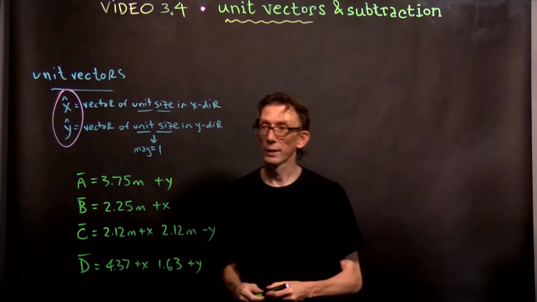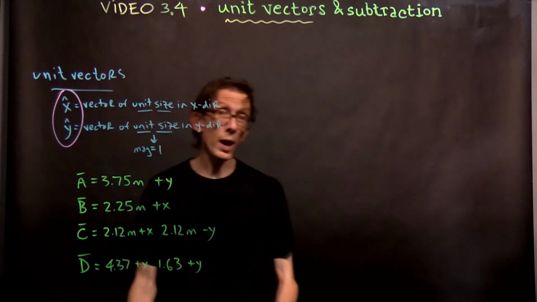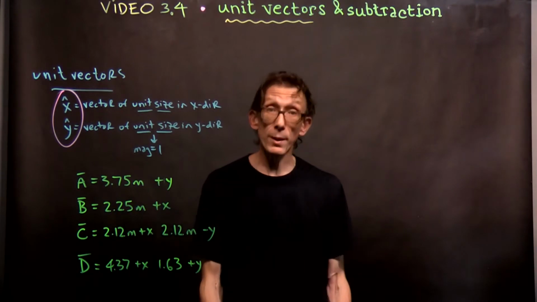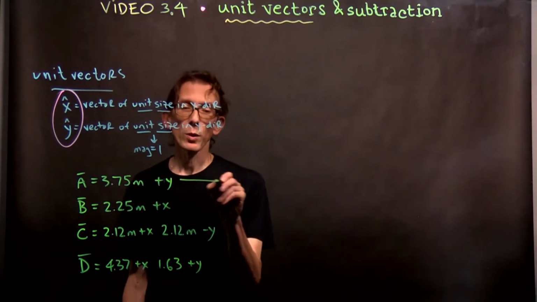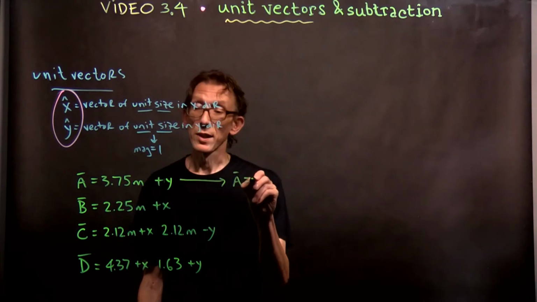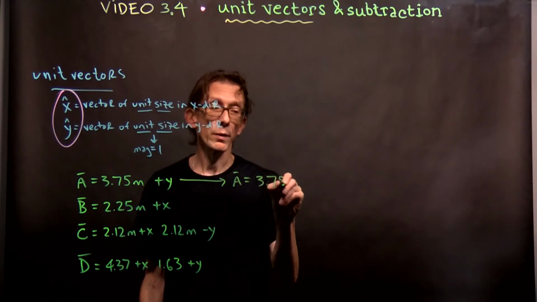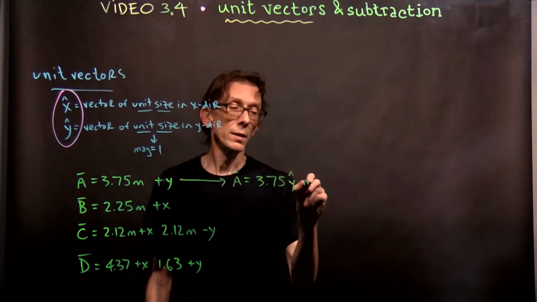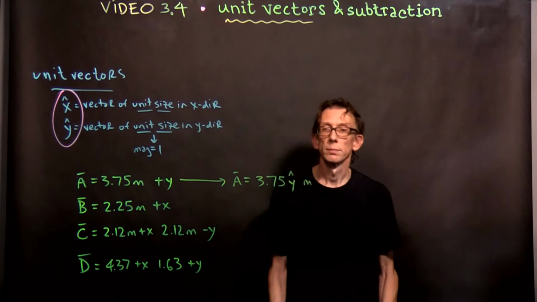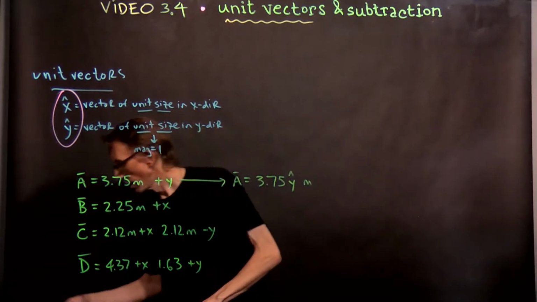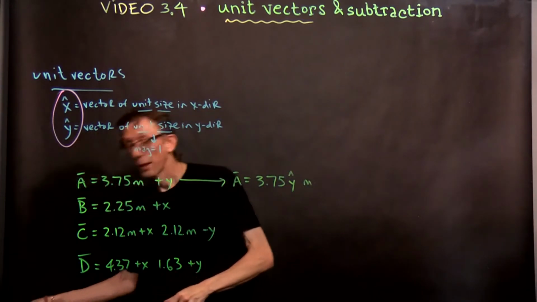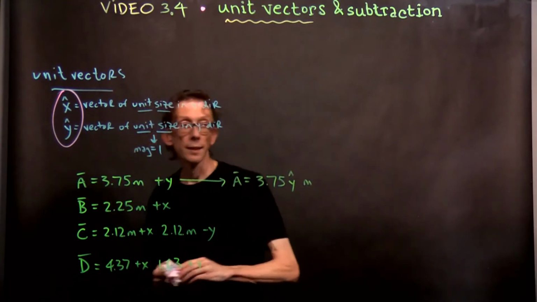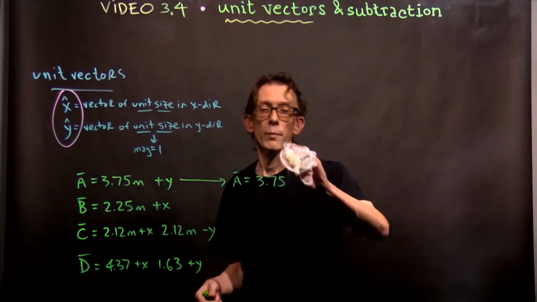And here's what it looks like. We could write these vectors this way. It's a little bit awkward, a little bit cumbersome. But we could also write A as 3.75 meters in the y hat direction. It doesn't really matter if you put the meters at the end, but I think the meters should probably come first.